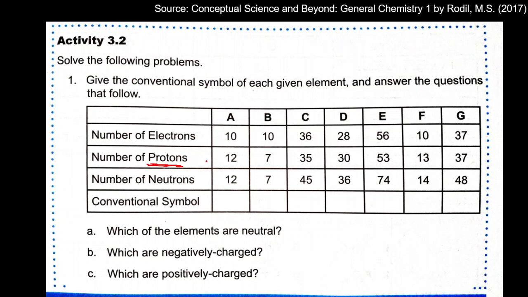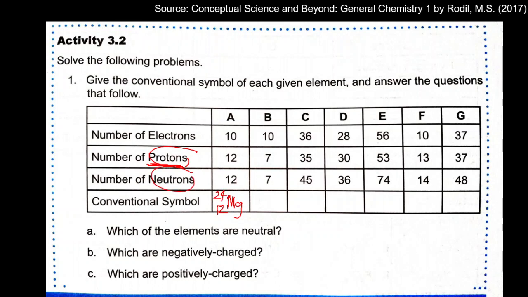So we have 12. What element has atomic number 12? That's magnesium. The atomic number is 12, and the mass is protons plus neutrons. That's 12 plus 12, that's 24.